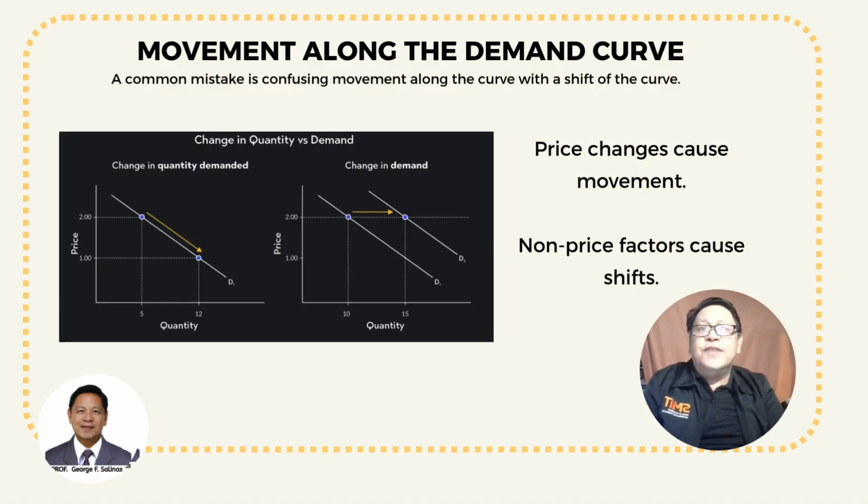And when these other factors change, consumer behavior is affected in a way that buyers demand more or fewer goods at every price. As a result, the entire demand curve moves, and changes in any of the following non-price determinants can affect the demand and cause the demand curve to shift.